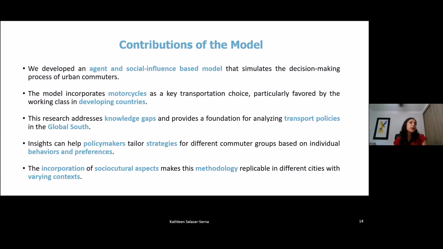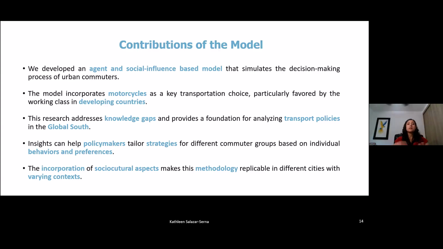With this model, we are then contributing with an agent-based model that is also incorporating the social influence in the decision-making. And very important is that we are including motorcycles as a full transportation mode that we already know are very important in these developing countries. And with results from this research, we are helping to close gaps in knowledge about transport dynamics in the global south.